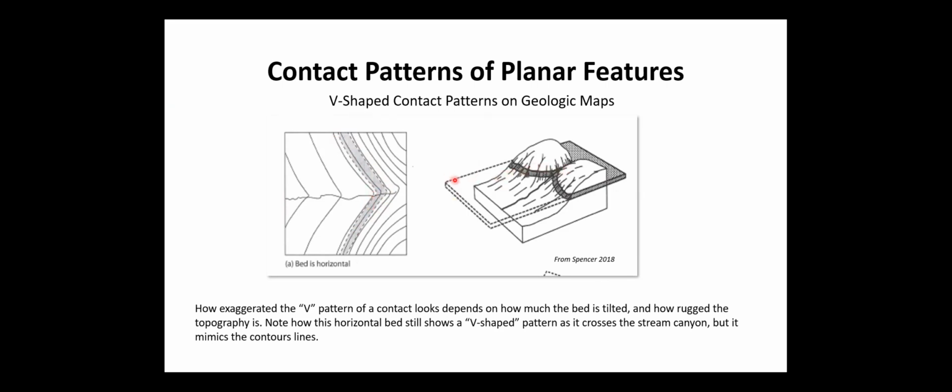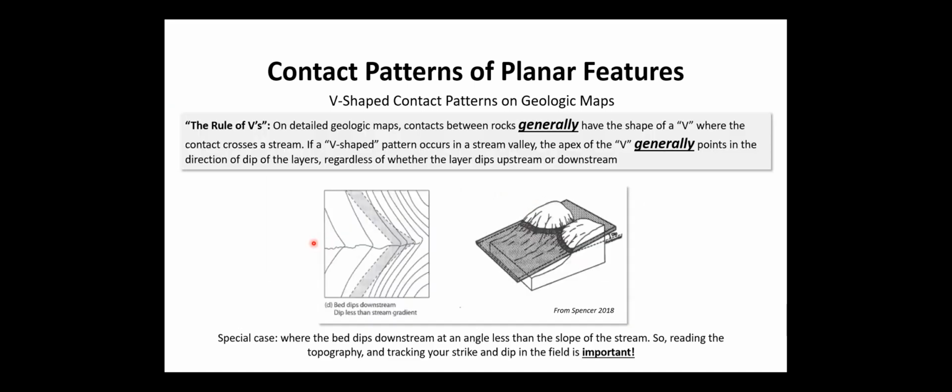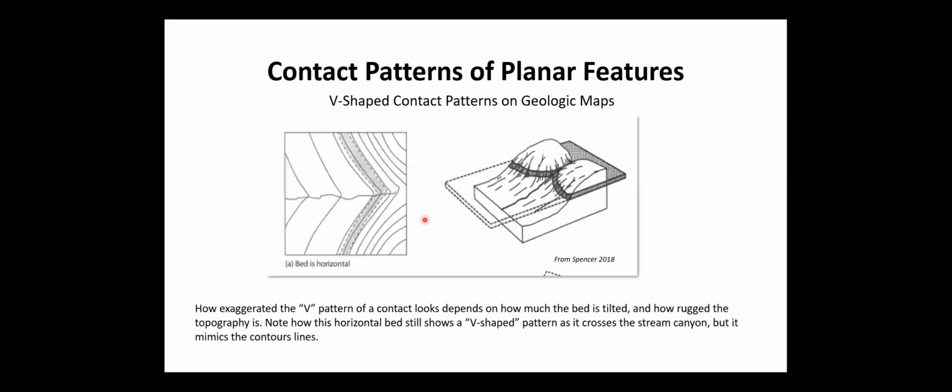So in this case, again, a horizontal bed, it still shows a V-shaped pattern as it crosses a stream canyon, but it mimics the contour lines. The more tilted something is, the more it's going to V across topography. Or sorry, the more tilted something is, the less it's going to V as it crosses a canyon, to the point of where it's vertical, it's just a straight line.